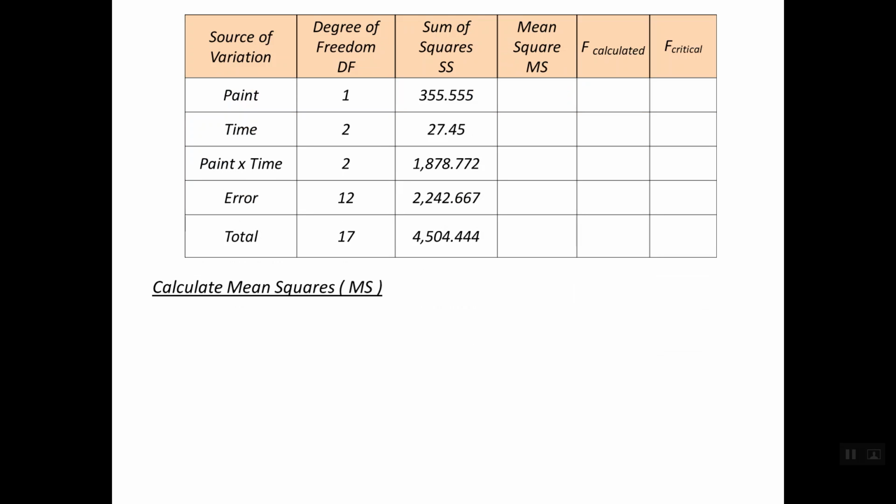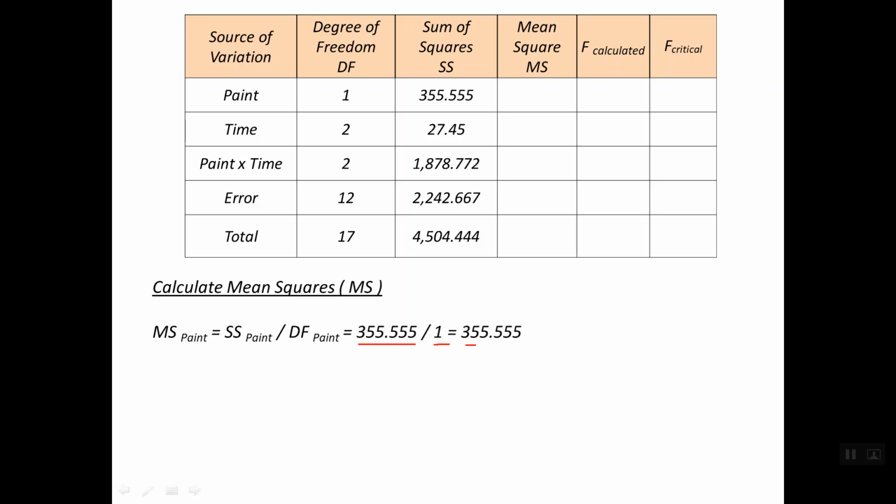So to calculate the mean square, MS, let's first start with the first factor, which is the paint type. For the MS for the paint, we simply divide the SS for the paint by the degrees of freedom for the paint. So this is the value of SS for the paint, and this is the degrees of freedom for the paint.